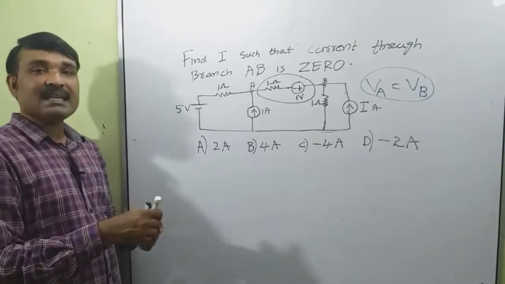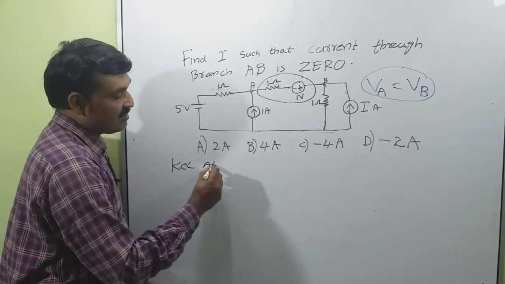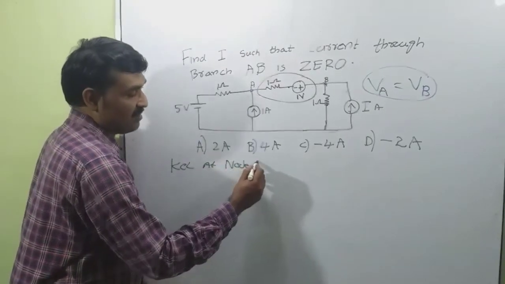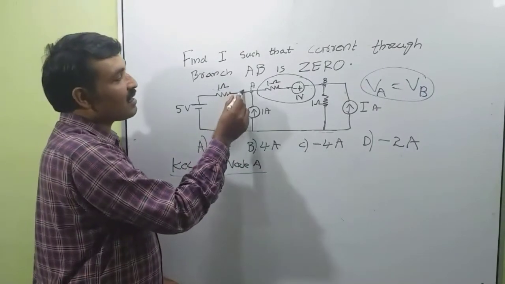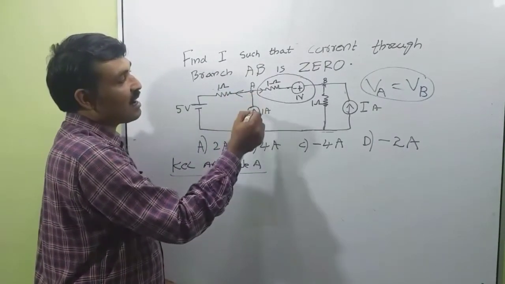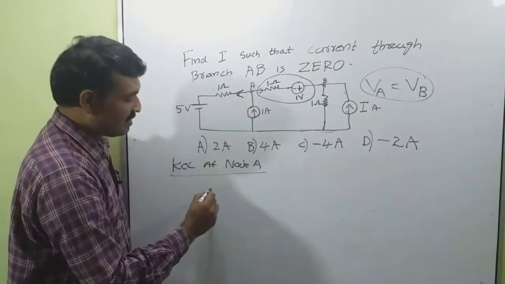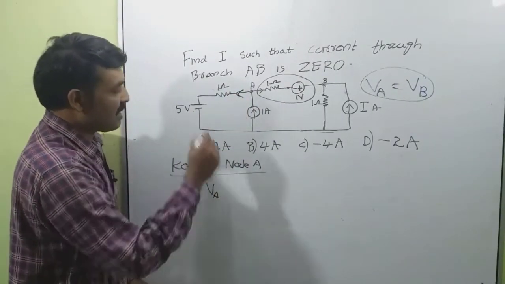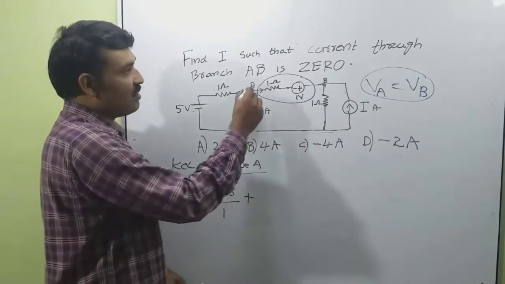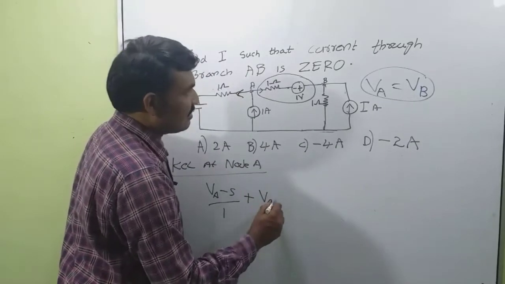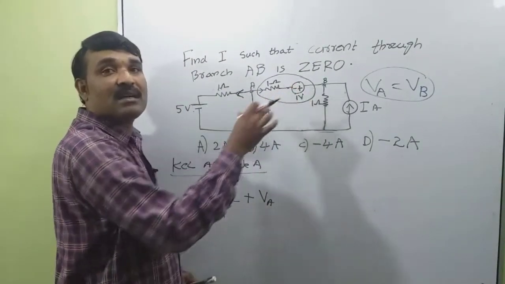So applying KCL at node A. I am assuming all currents are going outside, and this is the incoming current. So this outgoing branch current is VA minus 5 divided by 1, plus VA. Here there is a source in this branch, so that is a super node.